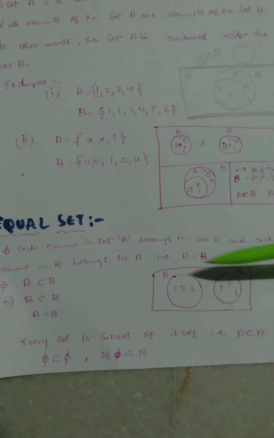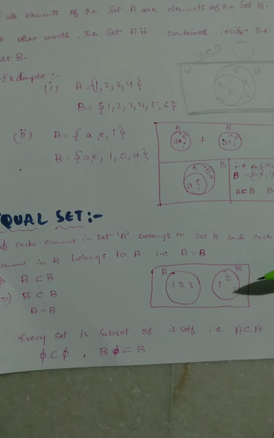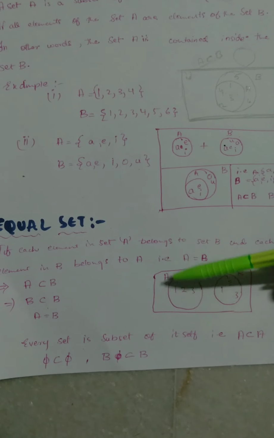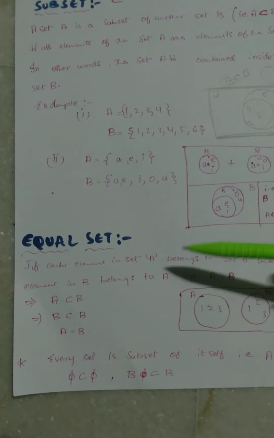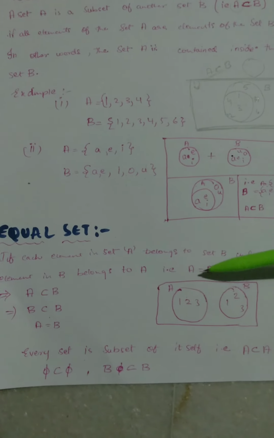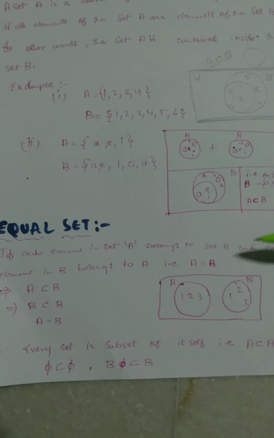All elements of set A must belong to set B. Then we say that both sets are equal, that is A is equal to B.